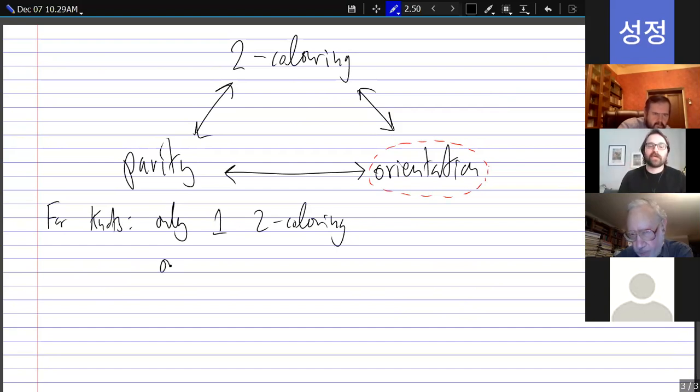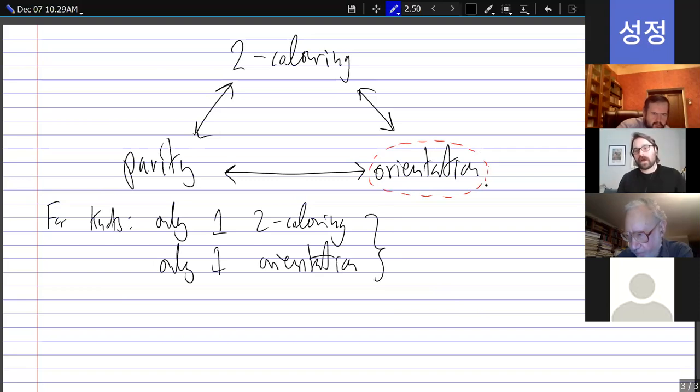And of course, up to reversal, there's only one orientation. So with this triangle that I've outlined here, this defines a unique parity, and this turns out to be the Gaussian parity.